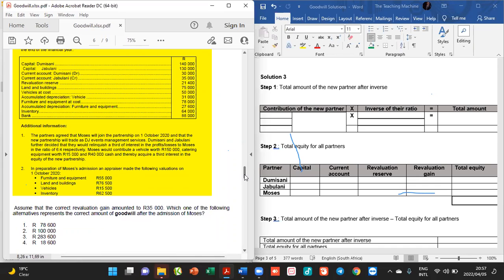In your next assignment, the first question will be to calculate the revaluation surplus or loss. The next question will be the goodwill. So they know that you would need the revaluation surplus or gain in order to work out the goodwill.